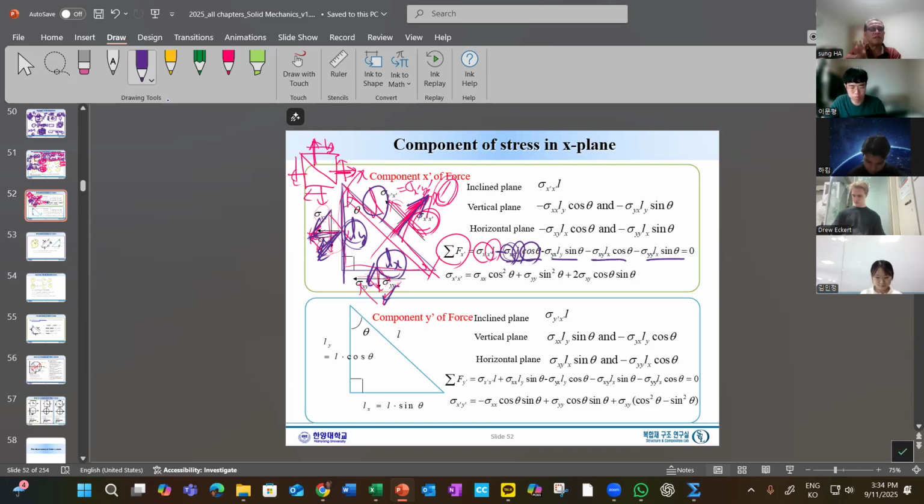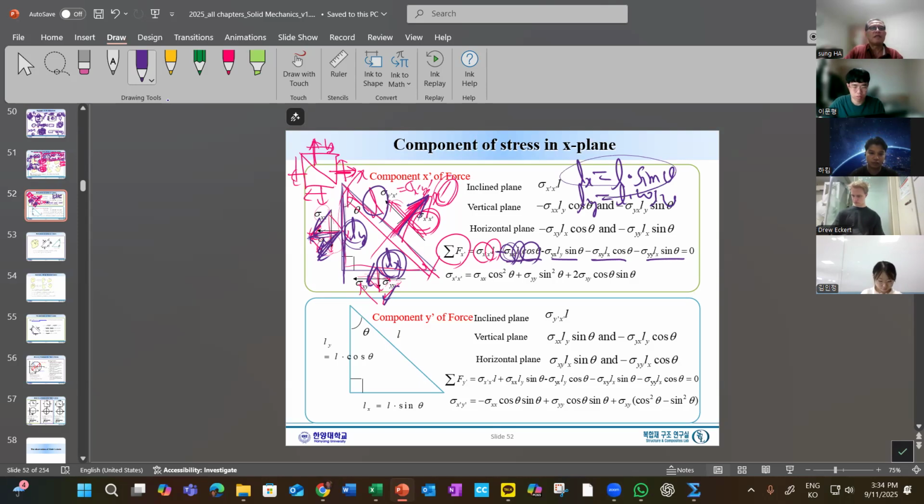You can follow them. And very importantly, Lx is L times sine theta, and Ly is L times cosine theta.